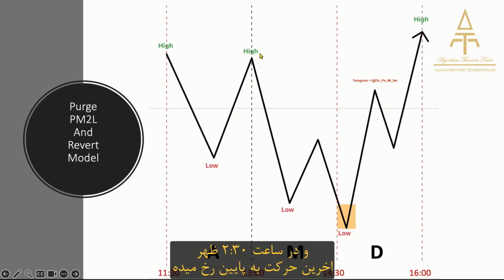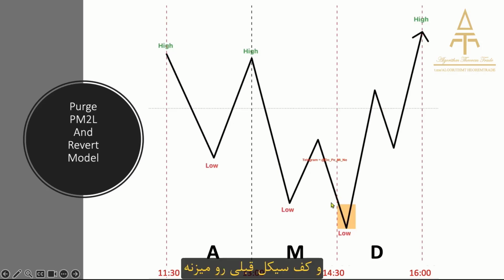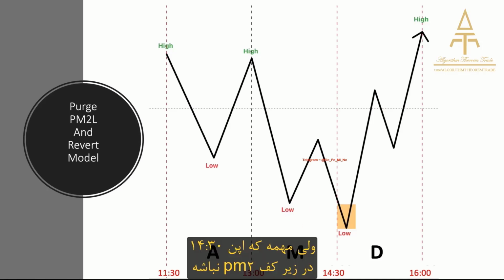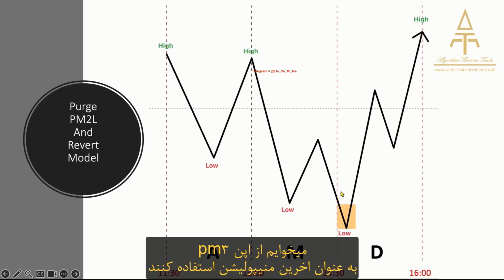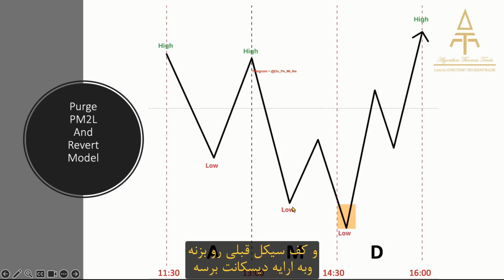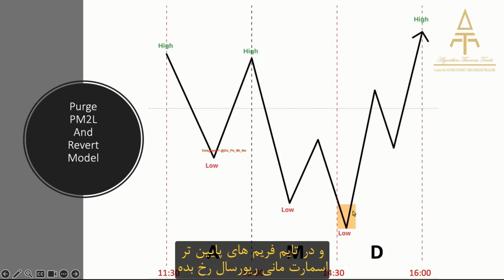The market retraces, and at 2:30, a final run lower occurs into the low of the previous cycle, which got engineered right here. It is crucial that 2:30 does not open below this low just yet. We want to see 2:30 be utilized for the final manipulation lower into that previous cycle low, into that discount array that will be utilized for a fractal smart money reversal to occur from.